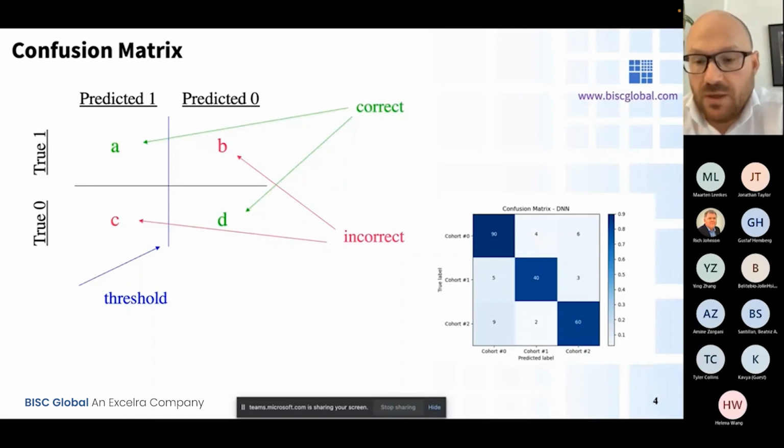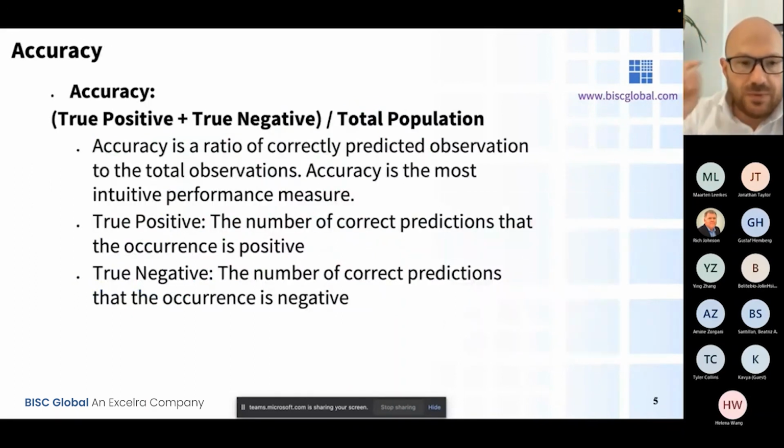However, life is not perfect, and very often you would get off-diagonal blocks, and those off-diagonal blocks will define the quality of your machine learning algorithm. The closer they are to 0, the better your model. That is also intuitively clear. But let's define some of the characteristics which can be used.